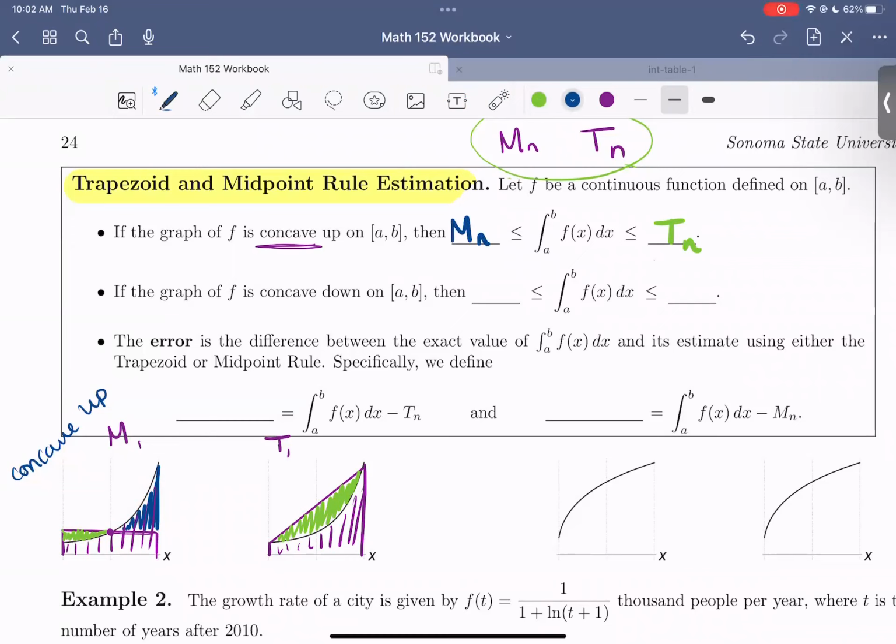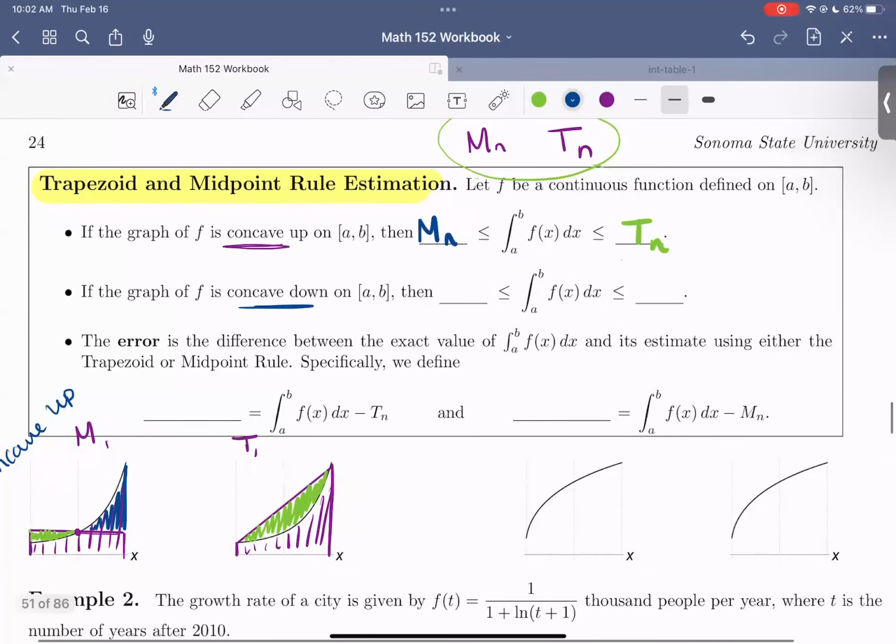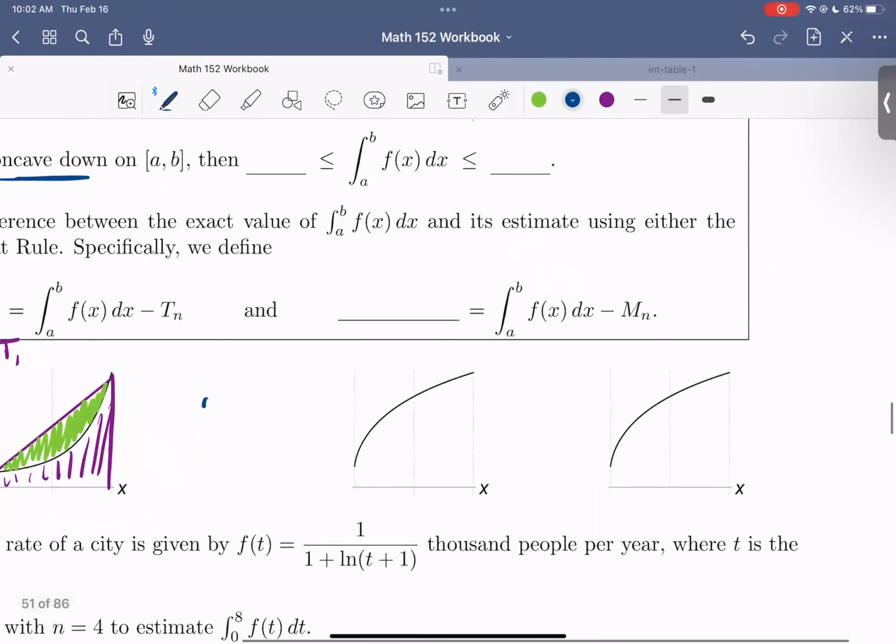Now let's do this for the next bullet. Now we're looking at a graph that is concave down on an interval. How do the midpoint and trapezoid approximations compare with the integral? Well, let's do the same process for a concave down graph. Here we have concave down. We can draw out a midpoint rectangle and a trapezoid.